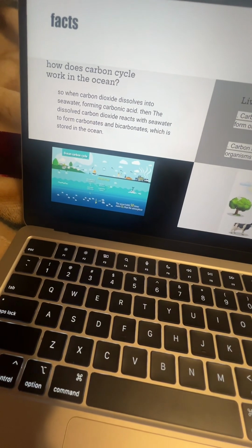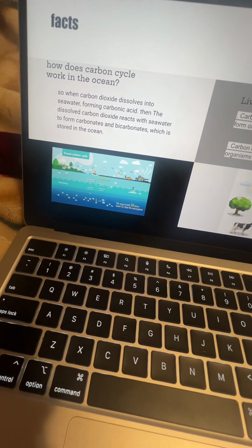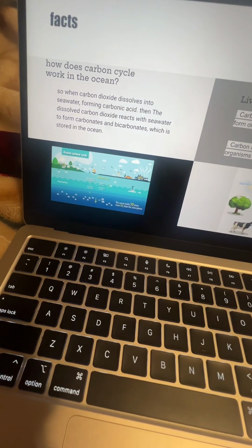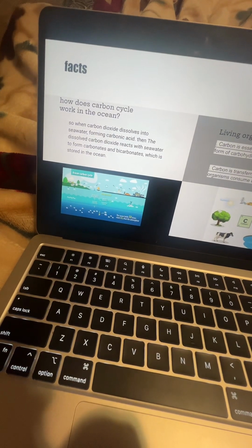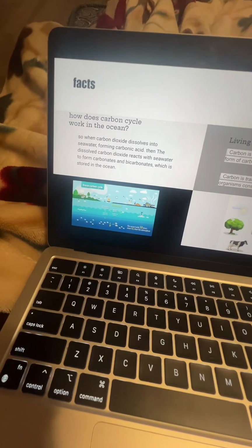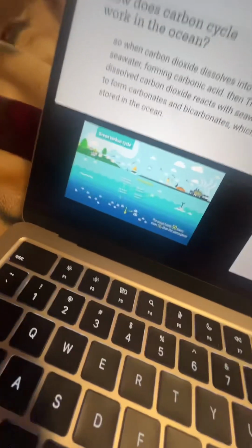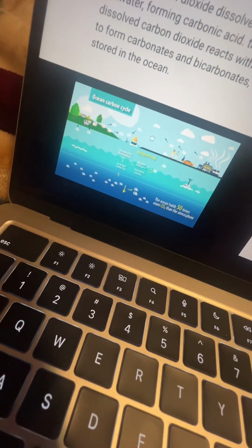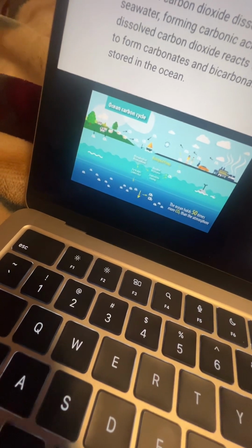Then the dissolved carbon dioxide reacts with seawater to form carbonates and bicarbonates, which are stored in the ocean. As we can see, the picture here explains that situation. So this is the ocean carbon cycle. Okay, moving on to the next one.